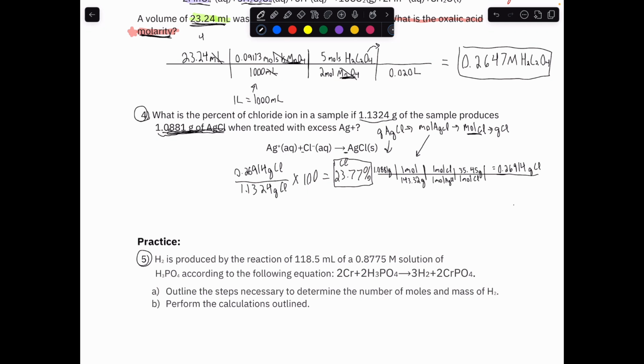After we find that amount, we can divide it by the sample mass right here. So even though she does a couple more steps, you're going to get this same answer: divided by this segment, multiplied by 100, and that's what you're going to get.